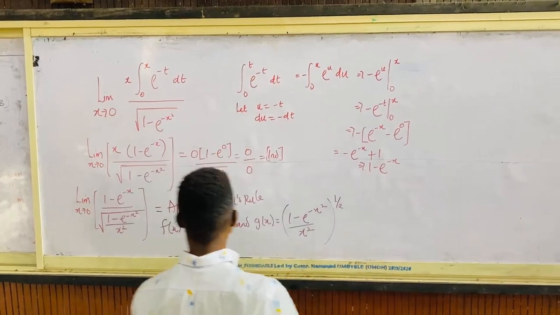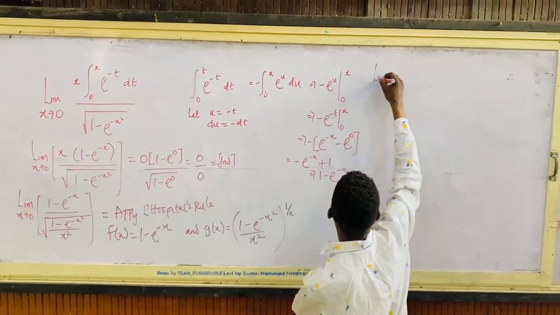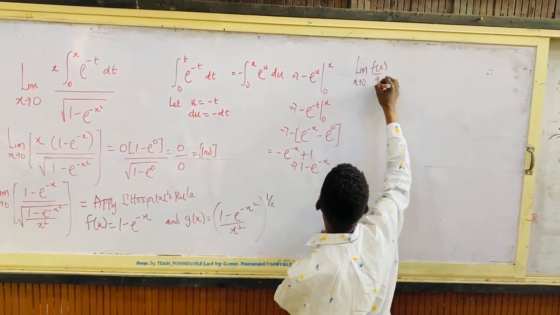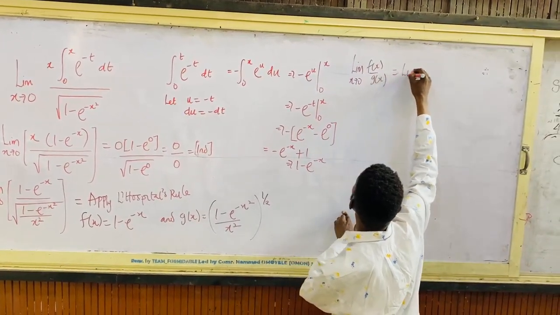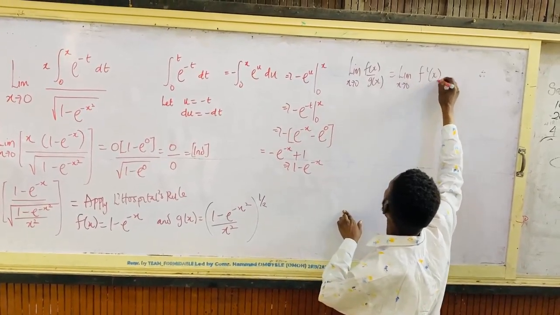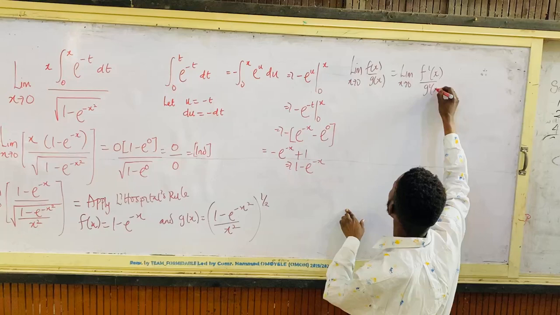So by L'Hospital, the limit as x tends to 0 of f of x over g of x is the limit as x tends to 0 of f prime of x over g prime of x.